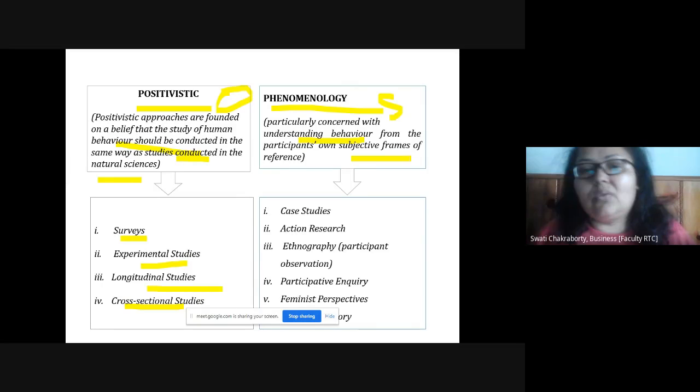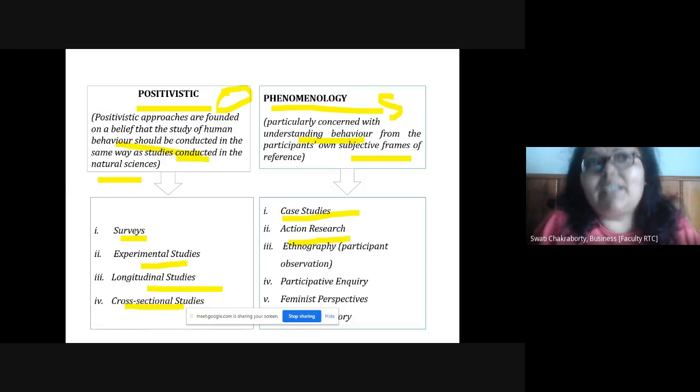So case studies, where each of us, when we analyze a case, comes with a different set of results. Our analysis varies. Action research is when you are doing research and you are actually participating in that entire process. Through your work you get to know about it. It's not sitting and doing it. You're also involved in that work.